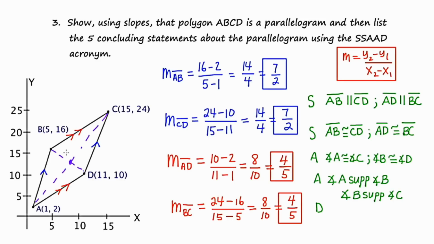Let's call this E. And we know that the D means that the diagonals bisect each other, which means that BE is congruent to ED, and AE is congruent to EC. And I'm going to let you write that down on your own. I don't know if I'm going to even be able to finish this. It might just stop working. So I'll try AE, EC and BE and ED.